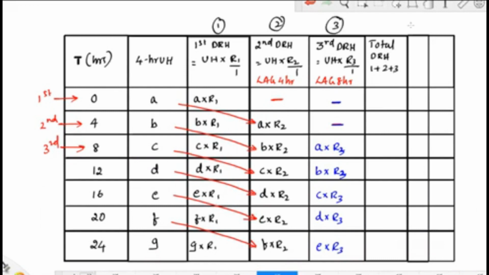This will be your total DRH. If you add your base flow, the flood hydrograph will be equal to DRH plus base flow. You will get the flood hydrograph value. This is how you are supposed to solve the problem by the convolution method.